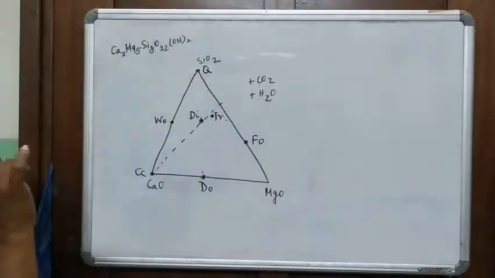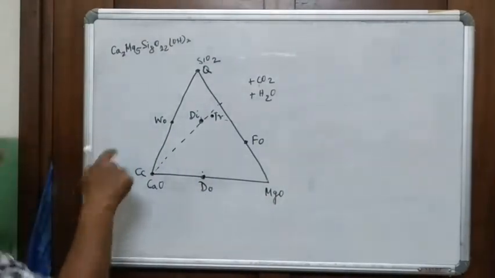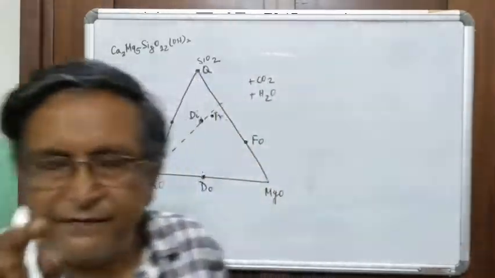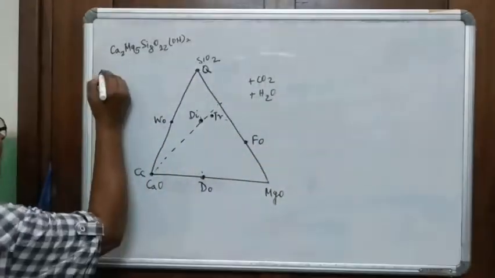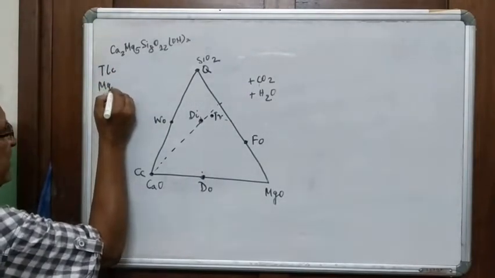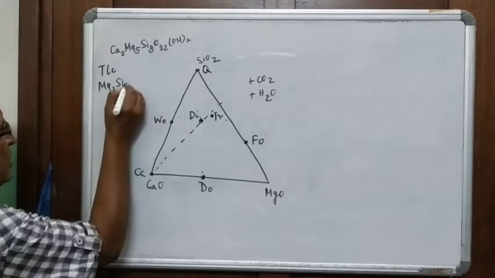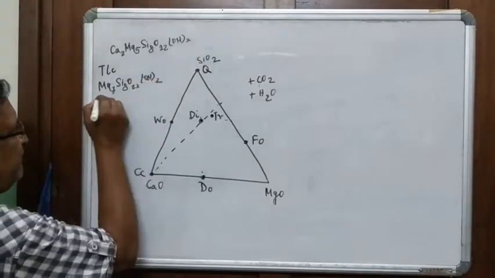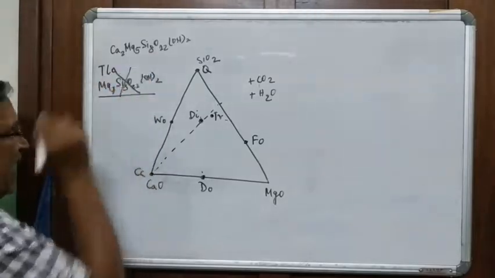Another mineral that I have avoided plotting here, although it comes in this particular field, and is in the papers I've referred to, is talc, which is Mg3Si4O10(OH)2. I have ignored this mineral at the moment.